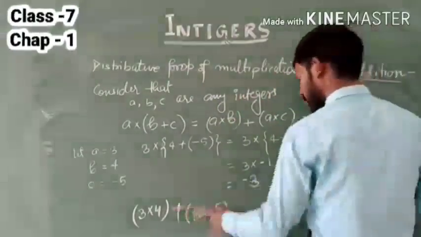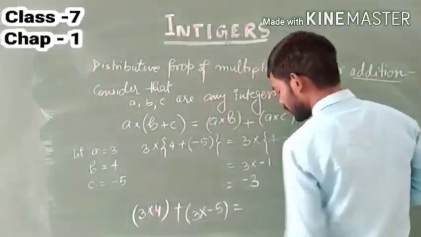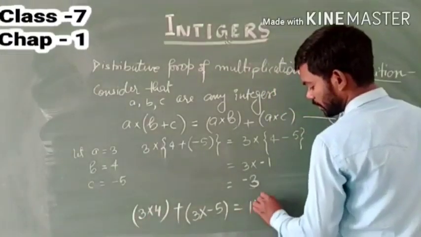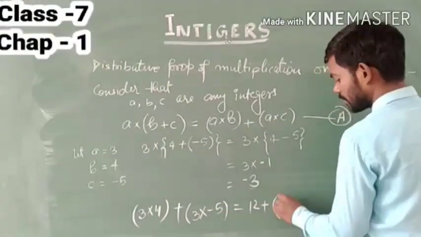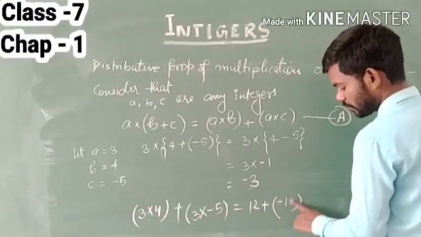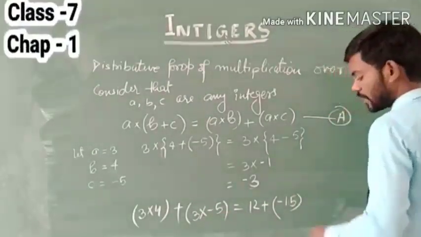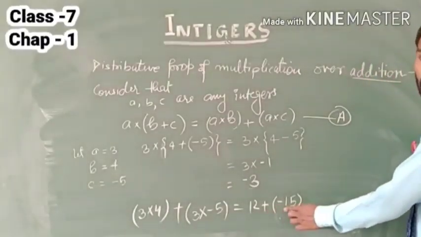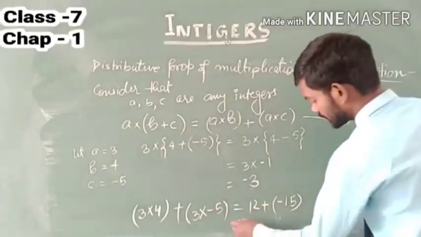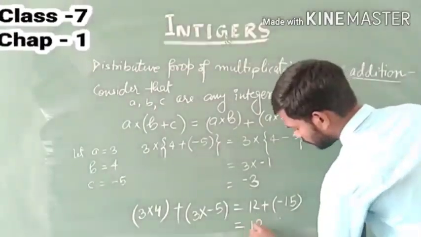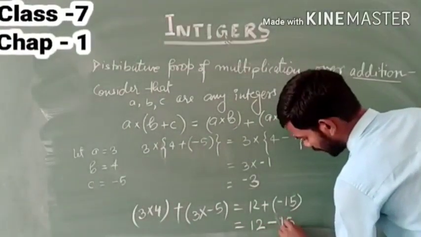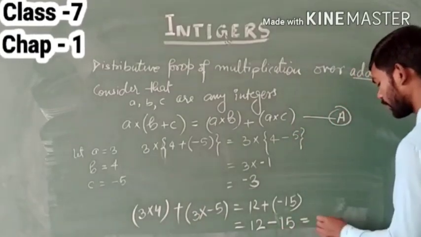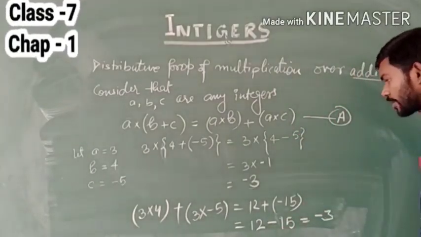Now we solve: 3 times 4 is 12, and plus 3 times minus 5 is minus 15. Now break the bracket. When we multiply plus with minus, we get minus as a result. So here we get 12 minus 15, and when we subtract we again get minus 3.